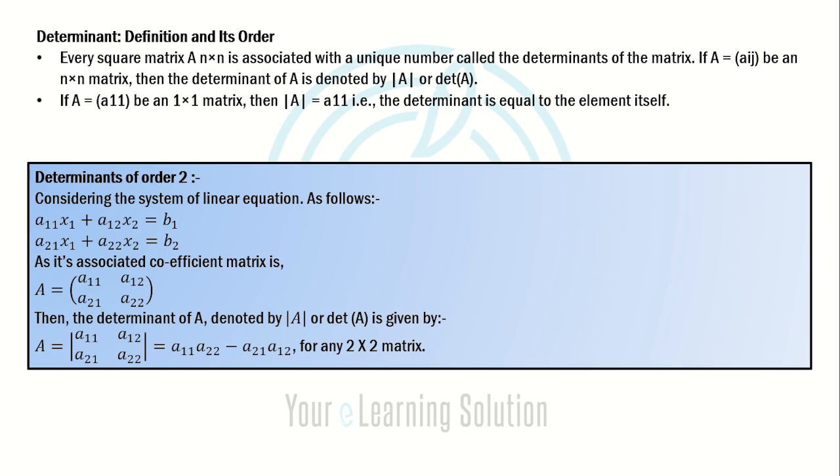Now, the first thing to understand is what is the determinant. Essentially, a determinant is a number associated with every matrix, and it's not just every matrix, but every square matrix. You can only calculate the determinant for a square matrix.